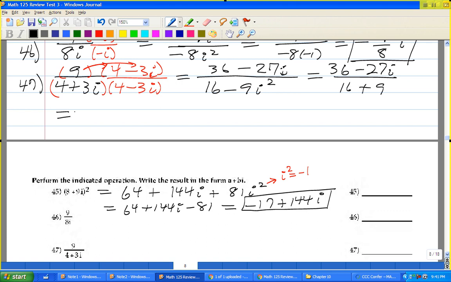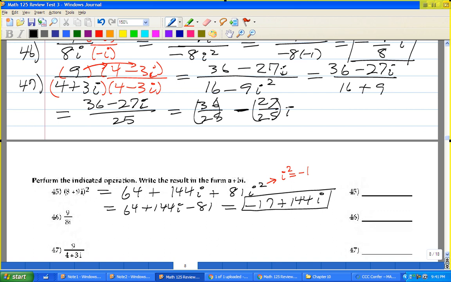And so this is just 36 minus 27i over 25. And so writing the standard form, you have 36 over 25 minus 27 over 25i. And that is your answer.